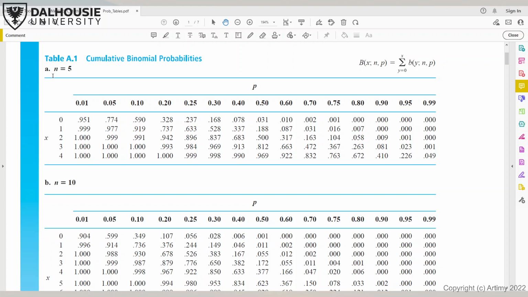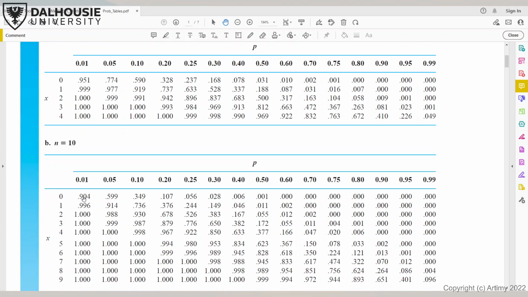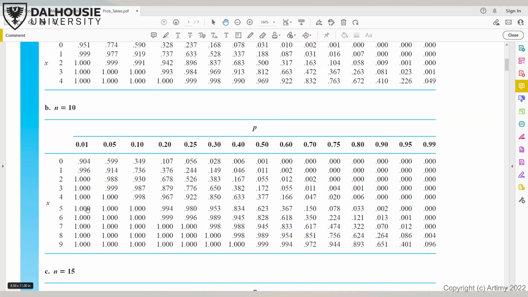We have a table for n equal 5 and n equal 10 and n equal 15. We don't have a table for n equal 12. So that's why you'll see that most of our examples, assignments, and quizzes will be limited to these numbers, right? And this should give you a hint.